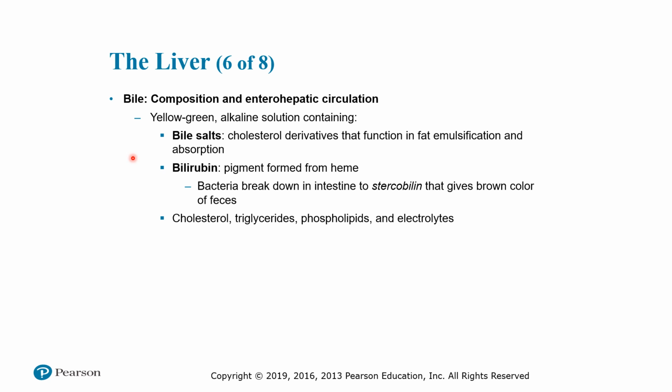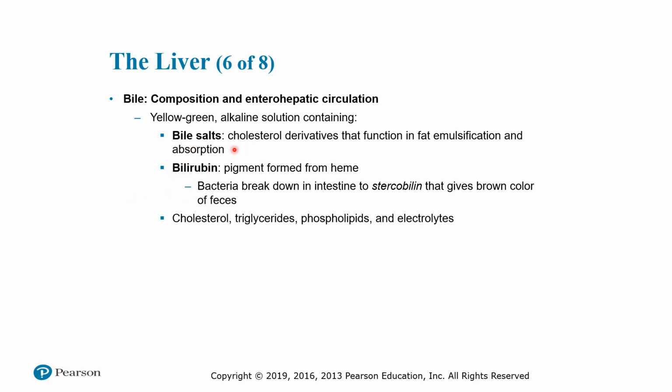Those micelles are taken to the apical border, and there the fat gets off from the bile salt and enters the cell. Inside the gut cell, it is made into chylomicron, and chylomicron is secreted into the lacteal system.